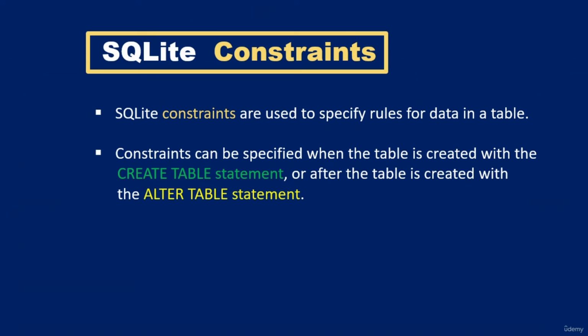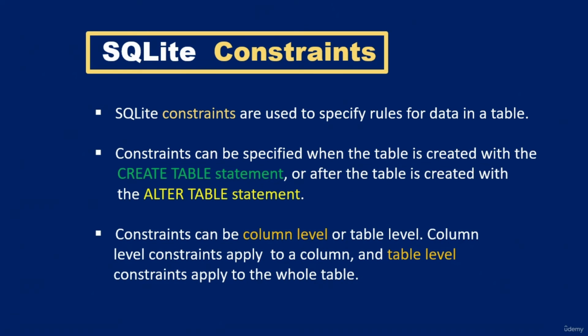Constraints can be applied at the column level within a table or at the table level. If you apply a constraint at the column level, it only affects the column. However, if you apply the constraint at the table level, it applies to the entire table, including the columns.